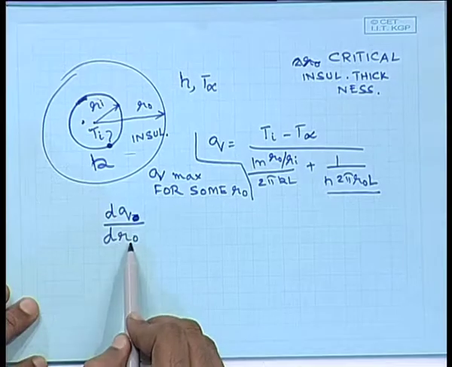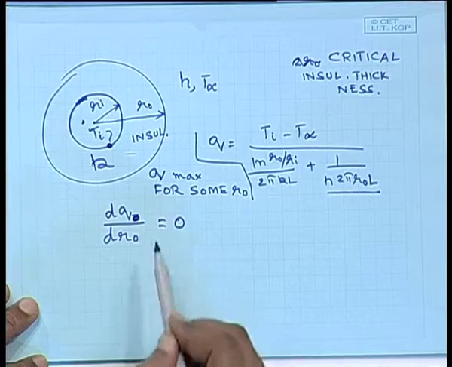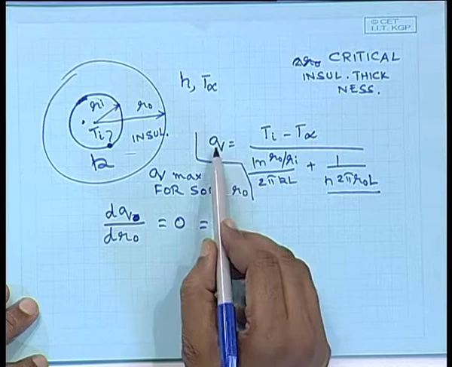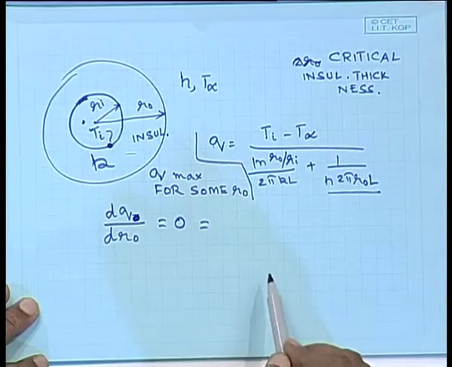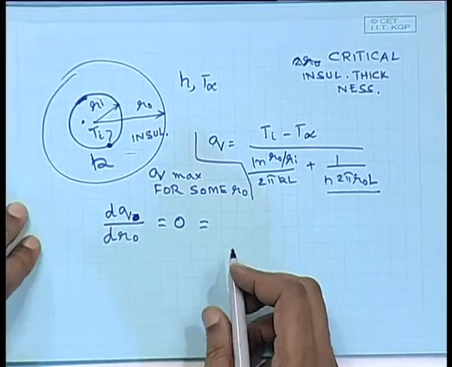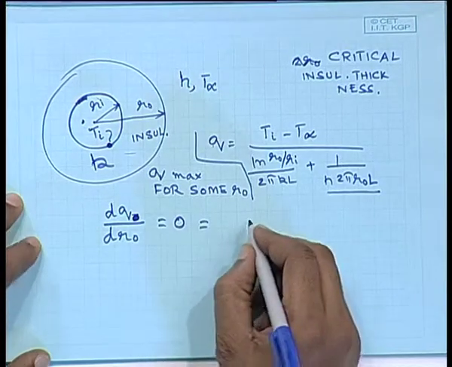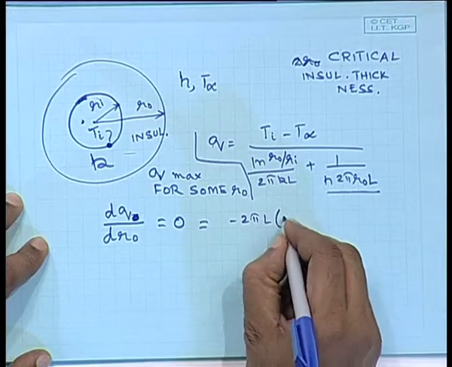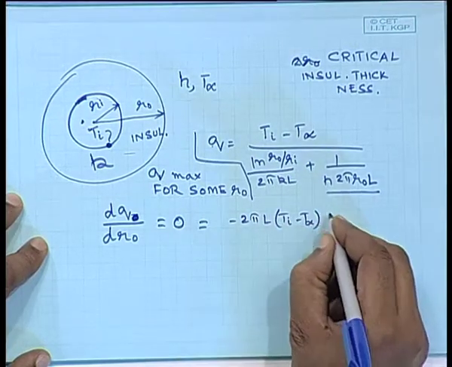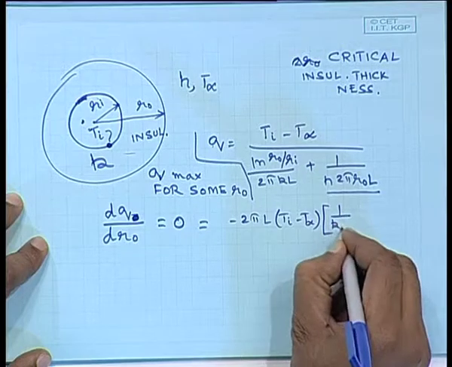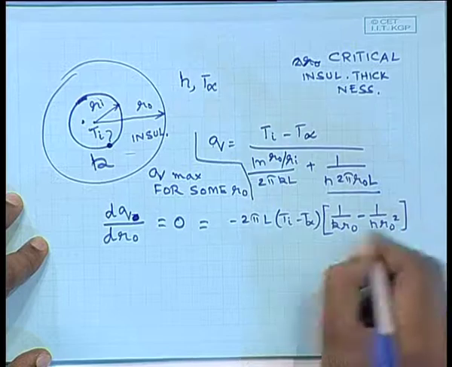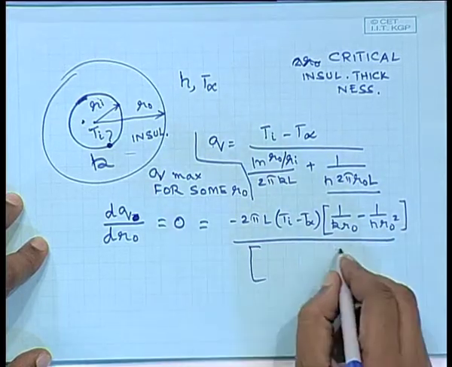Mathematically, the only way to do this is to find dQ by dR0, put it equal to 0, and see what condition we get. If you do dQ/dR0 equal to 0, with everything else remaining constant, and you also have something in the denominator as well.